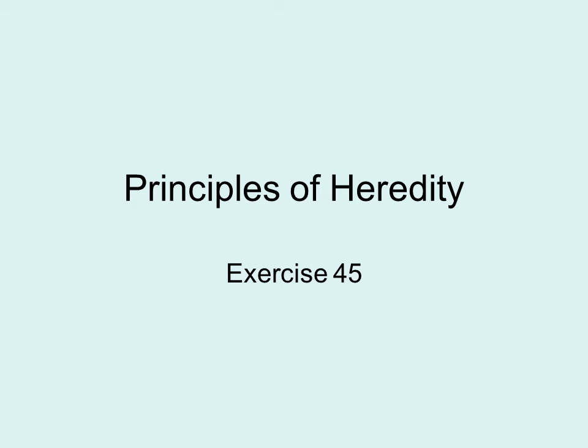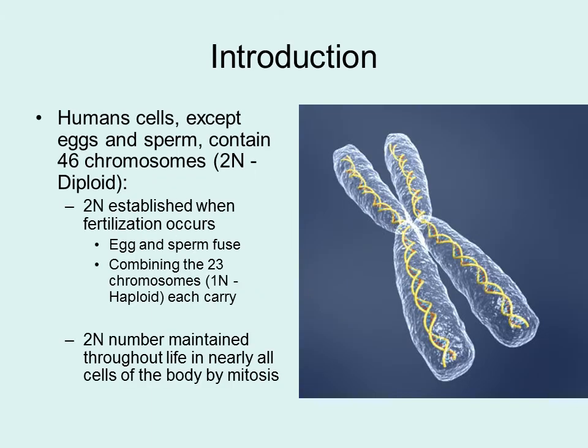It's exercise 45. This deals with principles of heredity. As some background information on this, dealing with genetics essentially. For humans, in most of the cells, all what we call the somatic cells, which are the non-sex cells, there are 46 chromosomes.